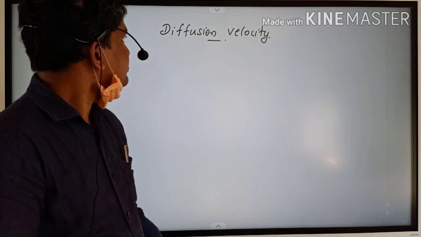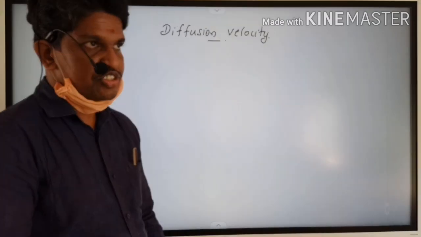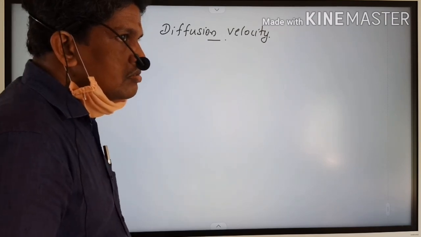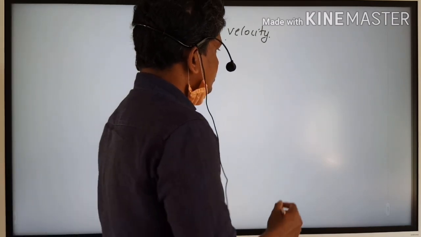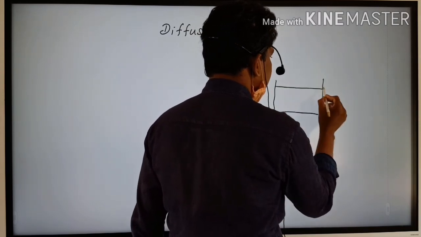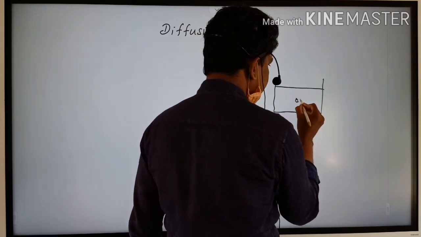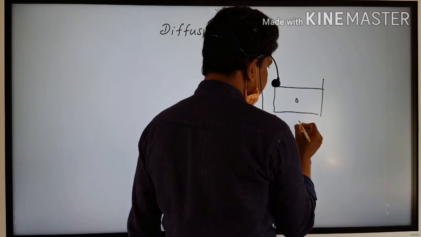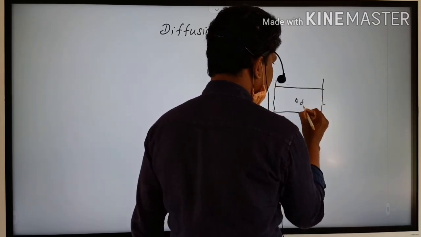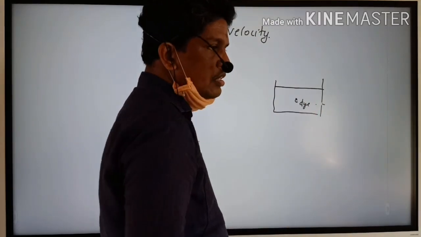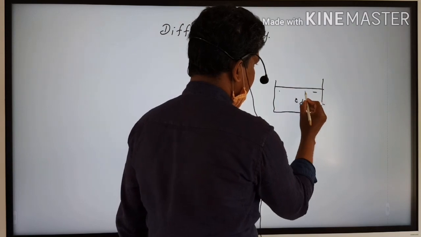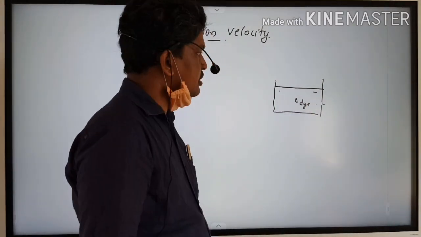Next is the diffusion velocity. Consider that I am dropping a dye in a stationary liquid, suppose it is water.